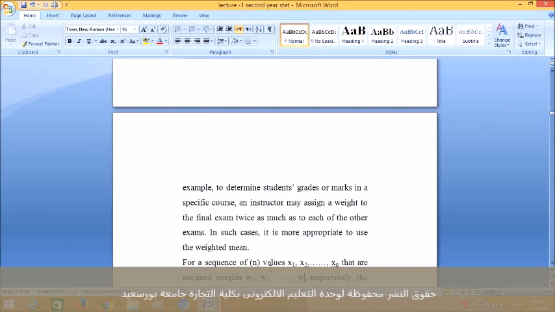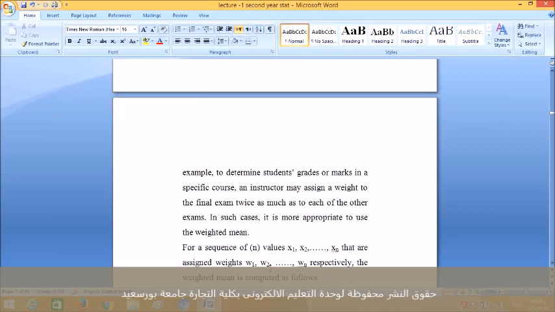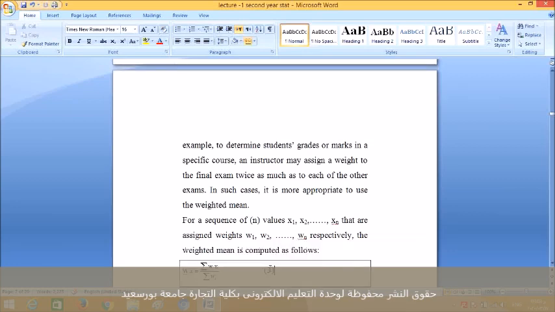If the values x1, x2, and so on are assigned weights W1, W2, and so on respectively, the weighted mean is computed as follows.